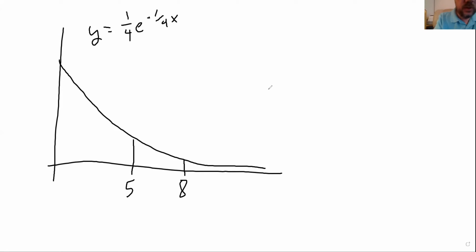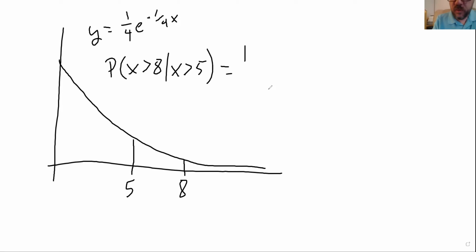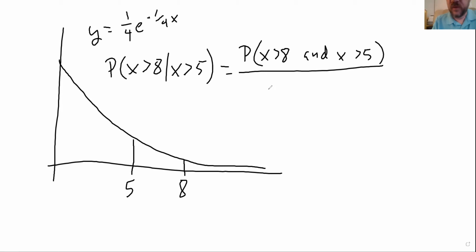So the probability that x is greater than 8, given that x is greater than 5, would be the probability that x is greater than 8 and x is greater than 5, divided by the probability that x is greater than 5.